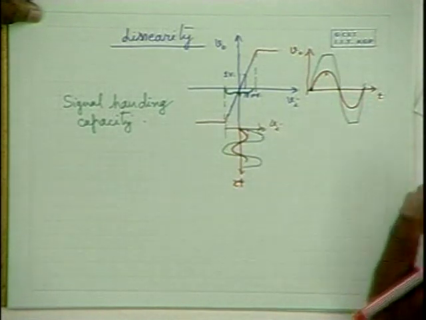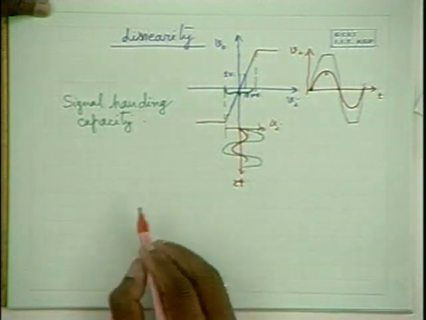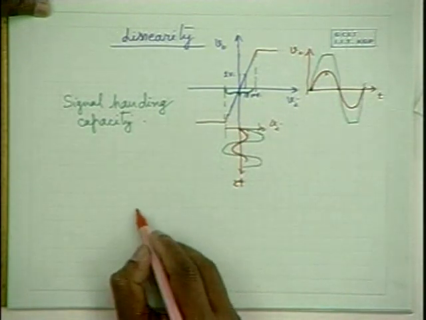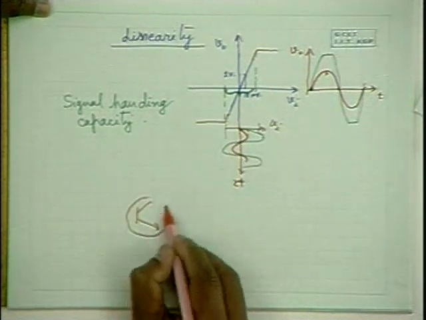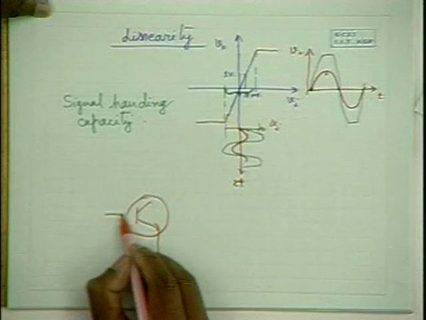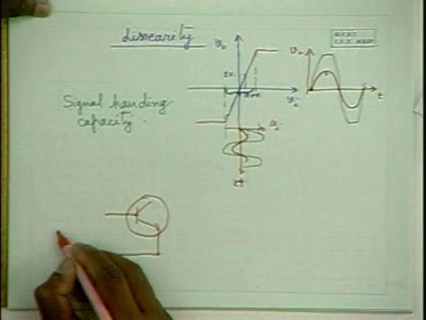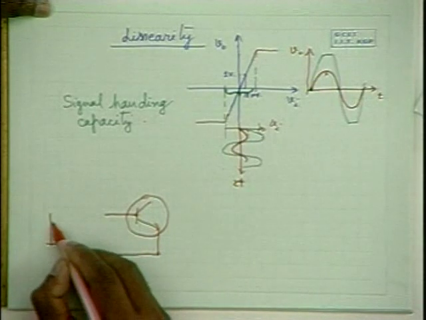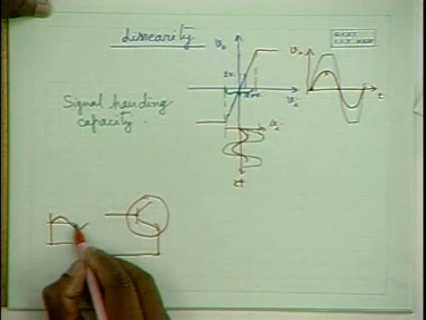Okay, so let us look into this with some more details. Here we apply a signal which is a DC plus some alternating component.